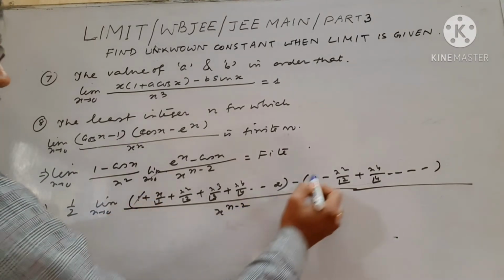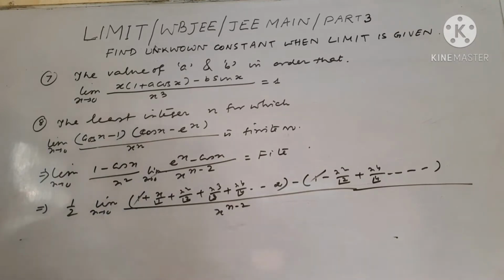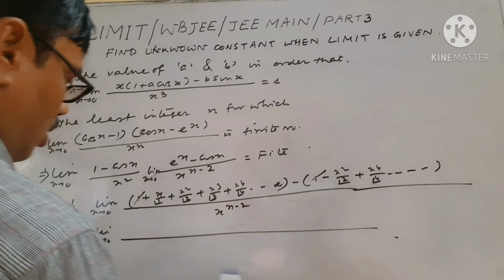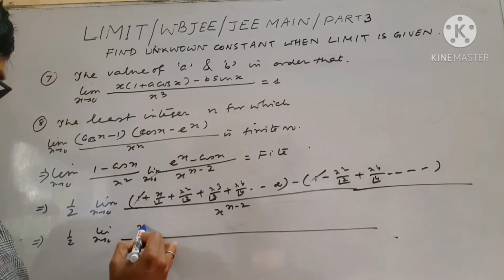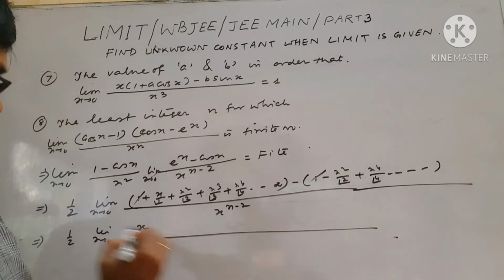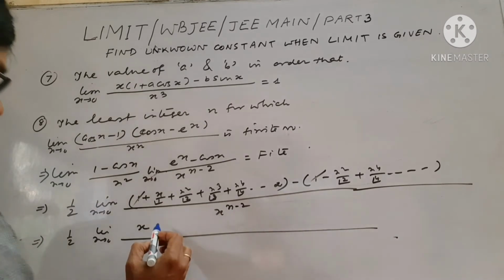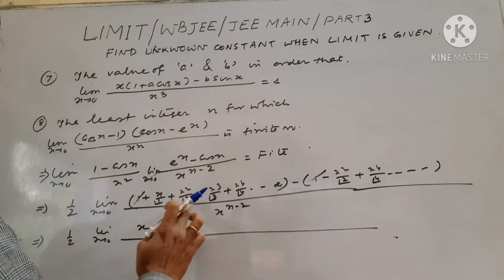Now 1 is cancelled out. Half unchanged, limit x tends to 0. So x by 1, so x. Then x square by factorial 2.